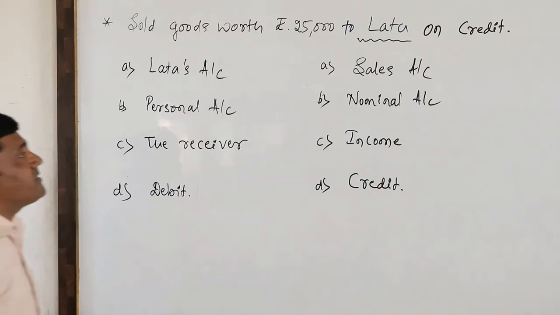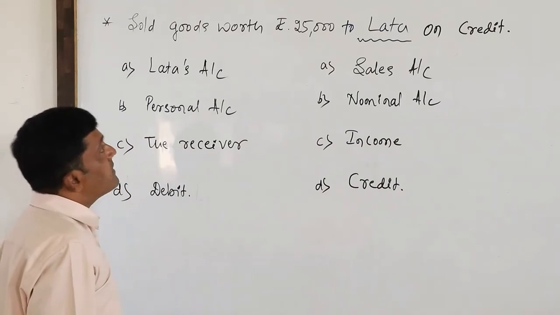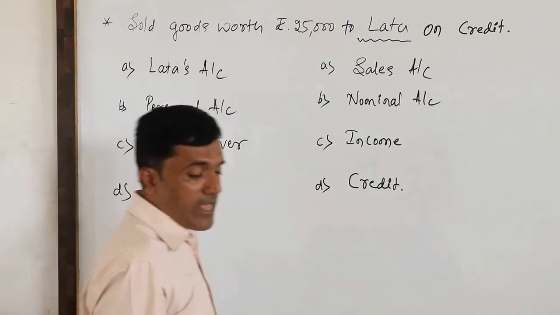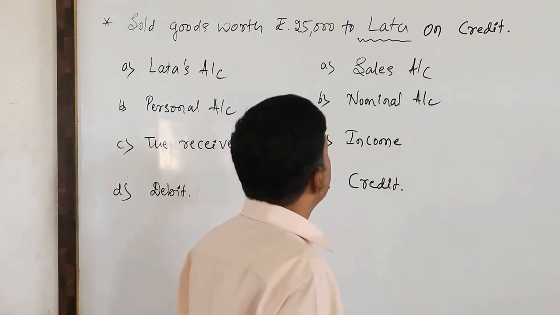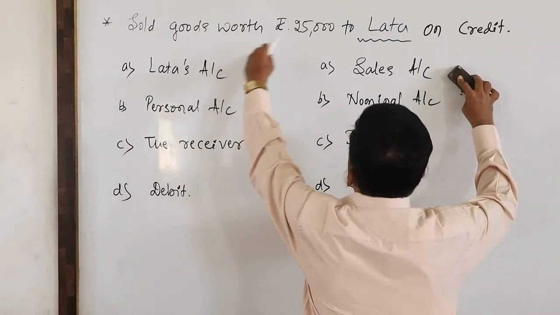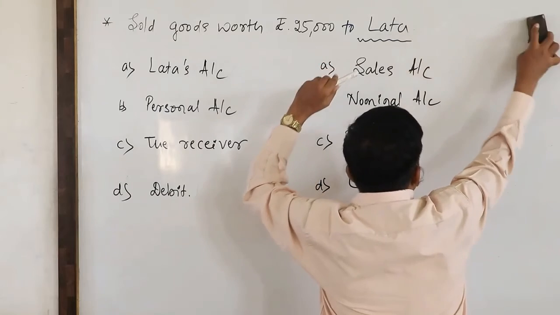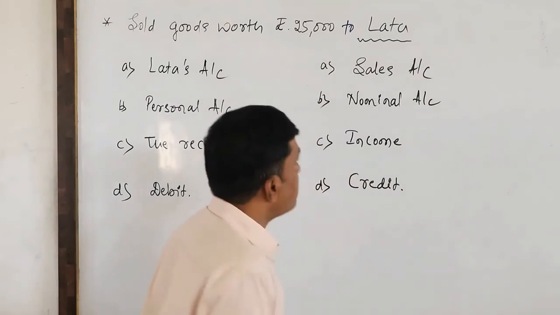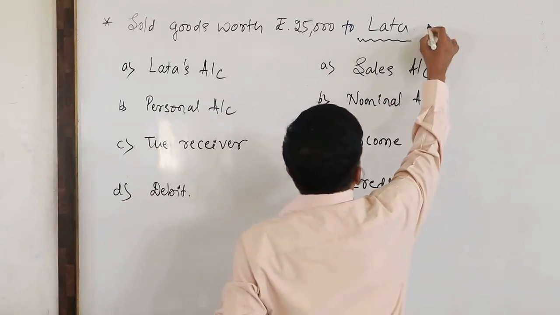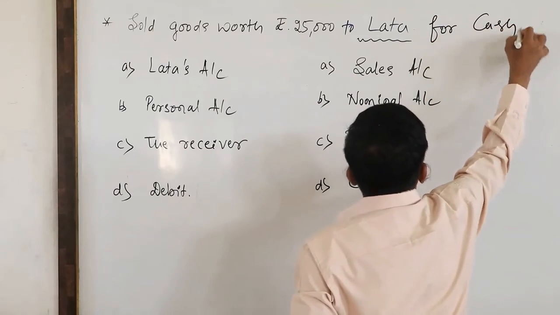Okay, by completing this 3rd example, I am going to discuss one more example, that is the last example on sales. Just changing the word. Sold goods worth rupees 25,000 to Lata for cash. Take one more example, for cash.